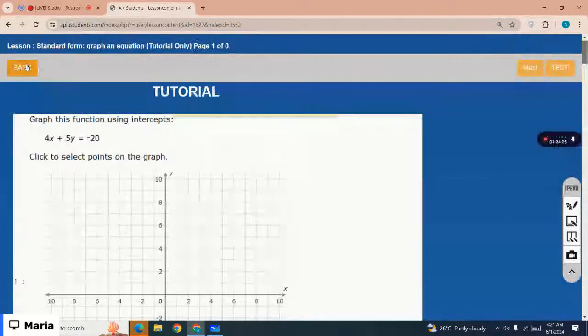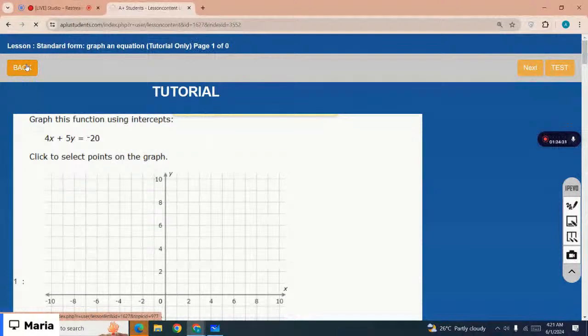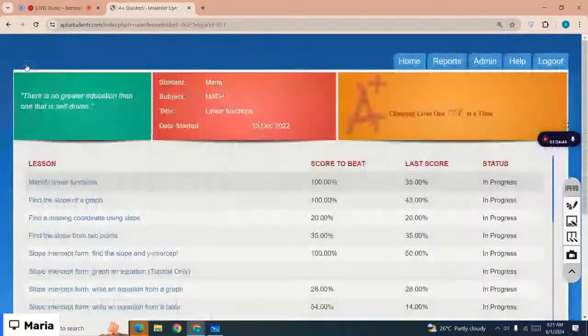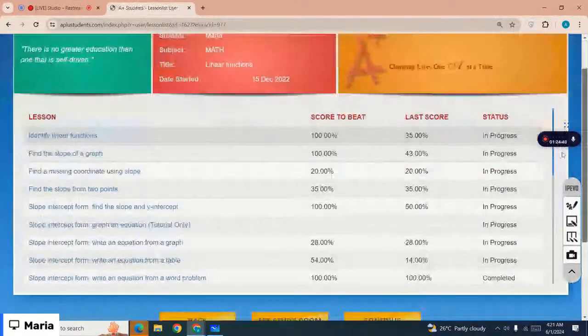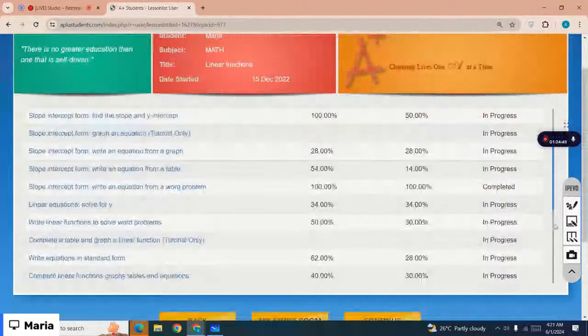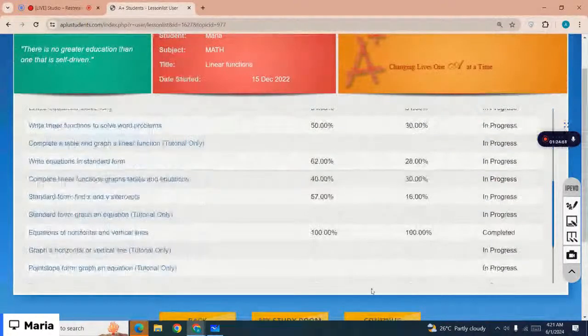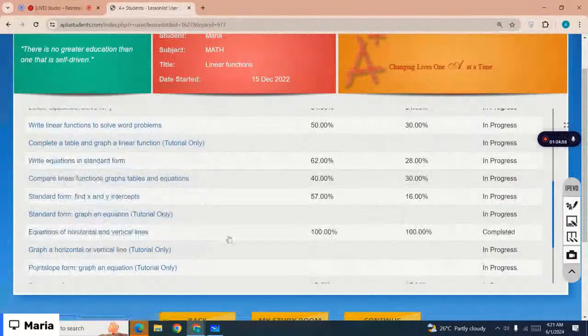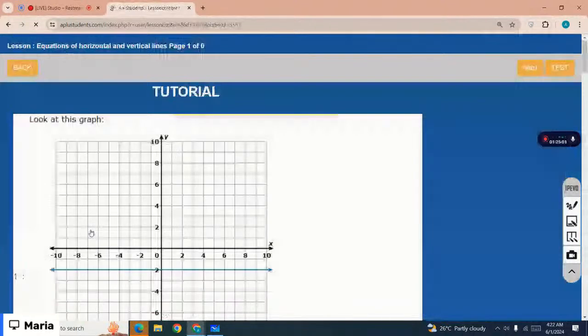The next lesson is equations of horizontal and vertical lines.